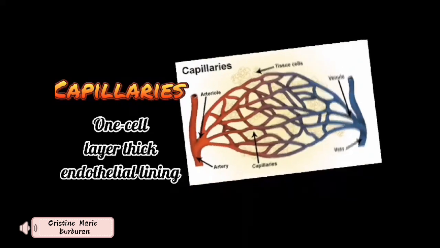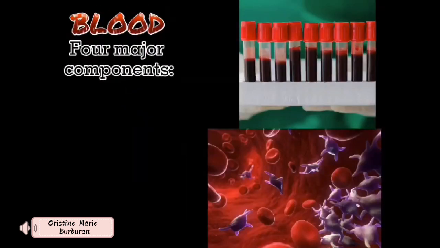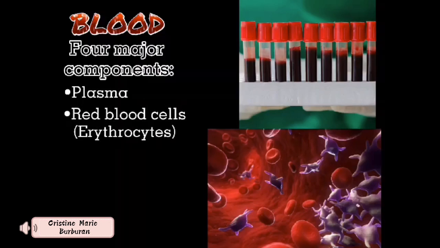Fenestrated capillaries connect arterioles and venules. The blood is made up of four major components. The plasma is the fluid that surrounds the blood cells and helps transport carbon dioxide, hormones, and metabolic waste products. Red blood cells, also known as erythrocytes, are formed in the bone marrow and function mainly as oxygen carriers.